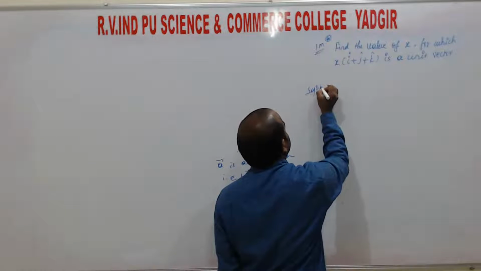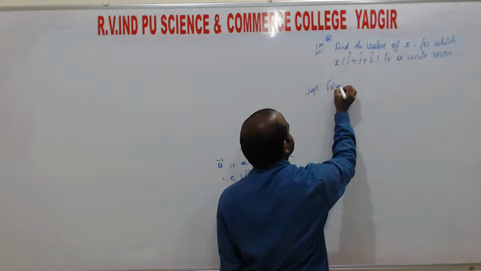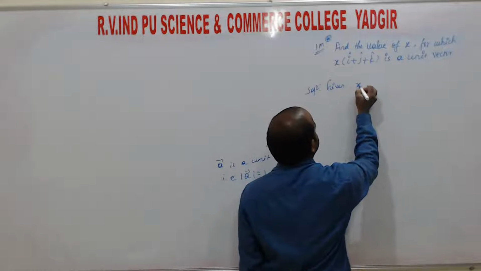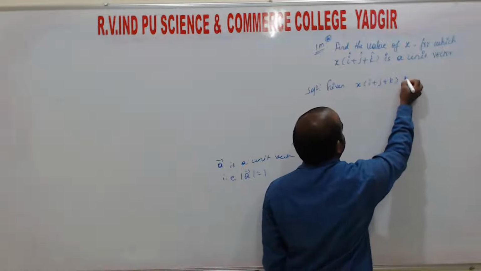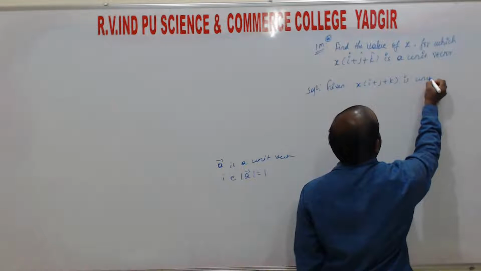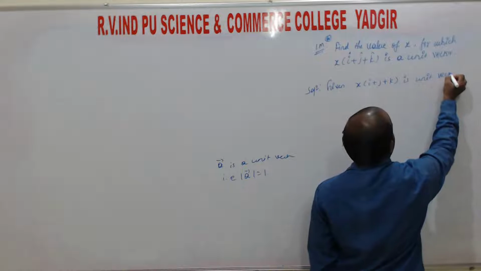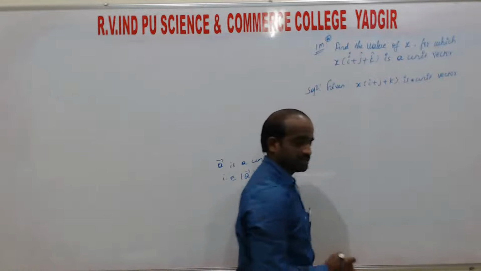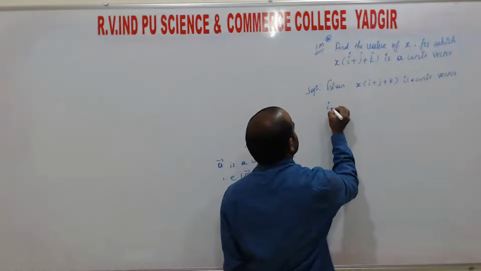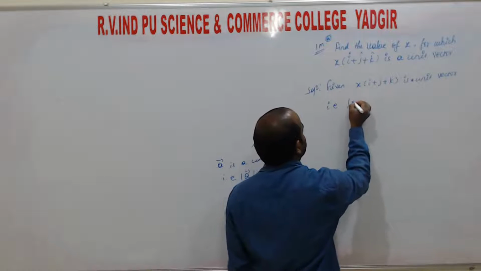Solution. Write the given as is. x into (i plus j plus k) is a unit vector, that is, whose magnitude is 1.